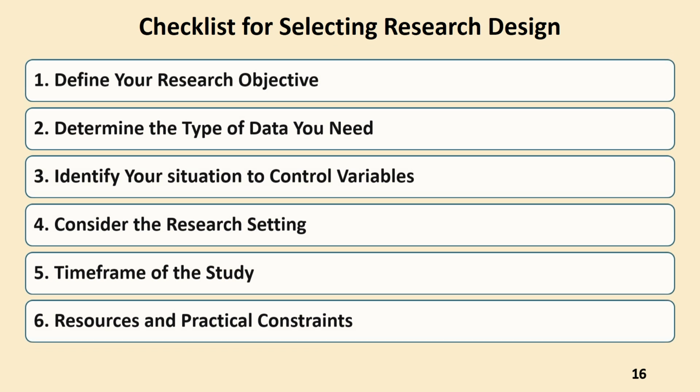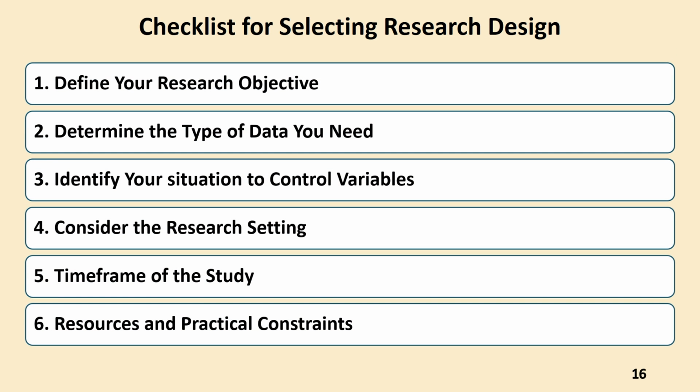Checklist for selecting research design. There are 6 important aspects that you have to take care of whenever you select your research design. First, define your research objective. You have to understand that this is my objective, and you have to define what I am going to actually do, because writing the research objective is not everything. You have written it in a very formal manner, but as a researcher you have to define to yourself that yes, this is my objective and I intend to do this and this.